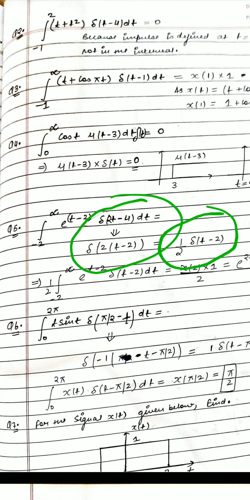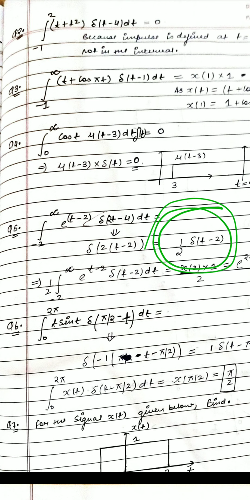So we can take 1 by 2 out, and it is nothing but 1 by 2 del of t minus 2. Now the impulse is defined at t is equal to 2. From the original expression we cannot say that the impulse is defined at t is equal to 4. No, we have to simplify this expression. Now take 1 by 2 outside because it's a constant.